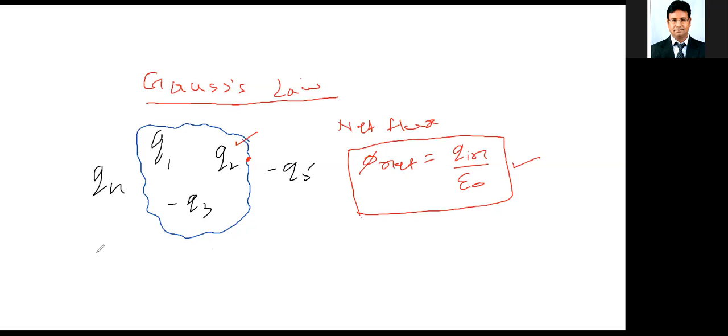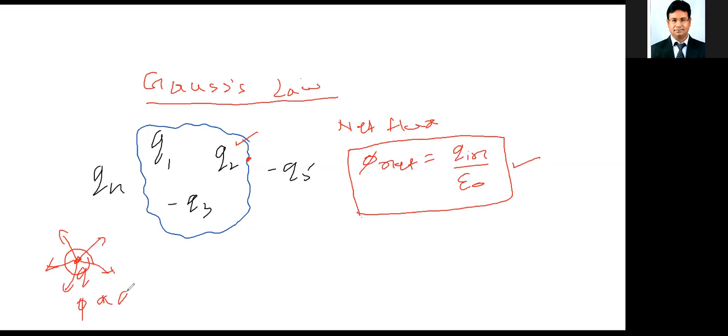Suppose I have some charge, let's say Q. Then the electric lines of force from a positive charge will come out perpendicularly from it. We know this. Then the number of lines of force around this charge is directly proportional to the charge.